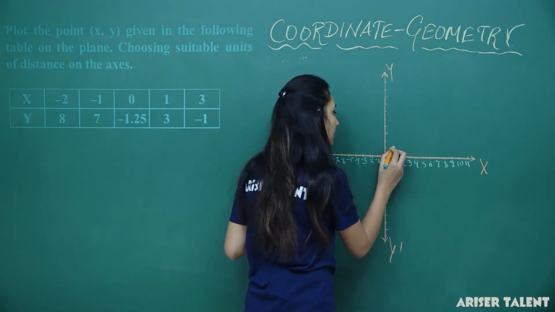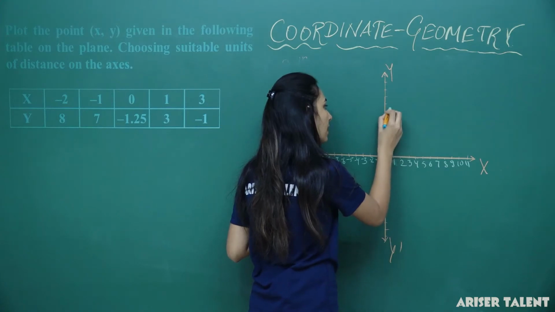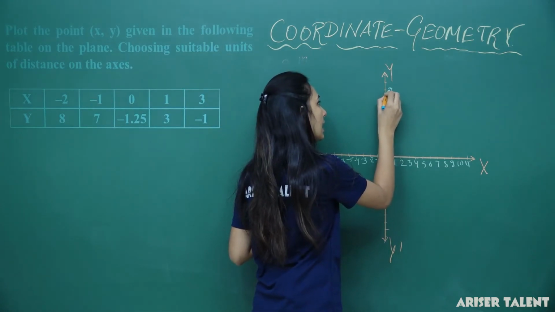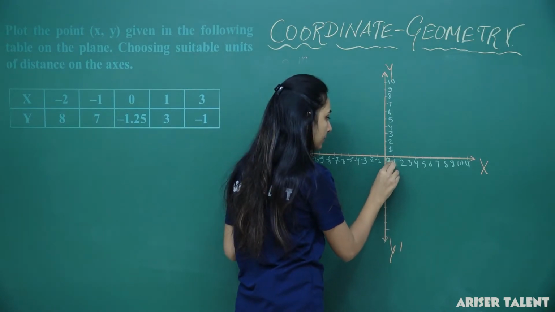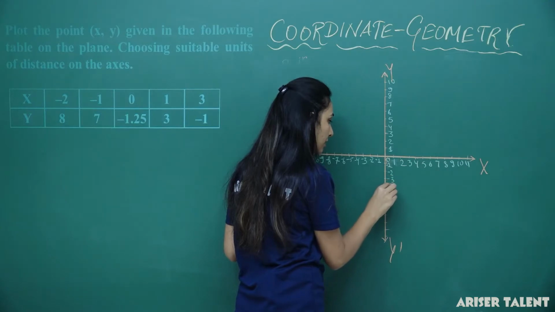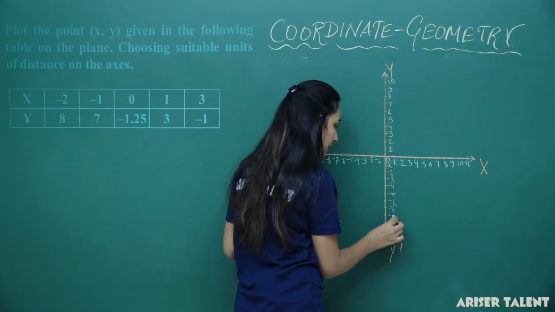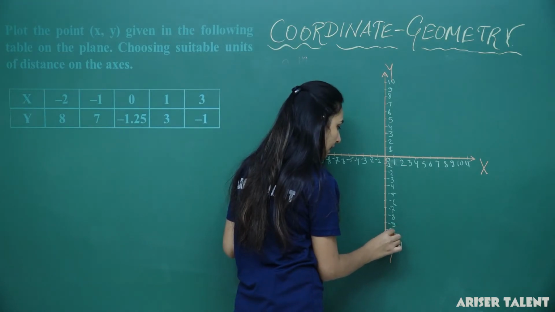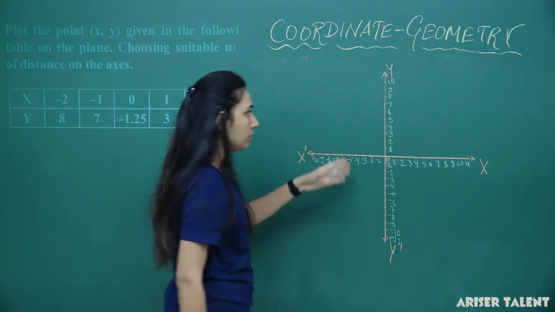Now here, for positives 1, 2, 3, 4, 5, 6, 7, 8, 9 and 10, and for negatives here it is -1, -2, -3, -4, -5, -6, -7, -8, -9 and -10 and maybe -11 here. Okay. So this is it.